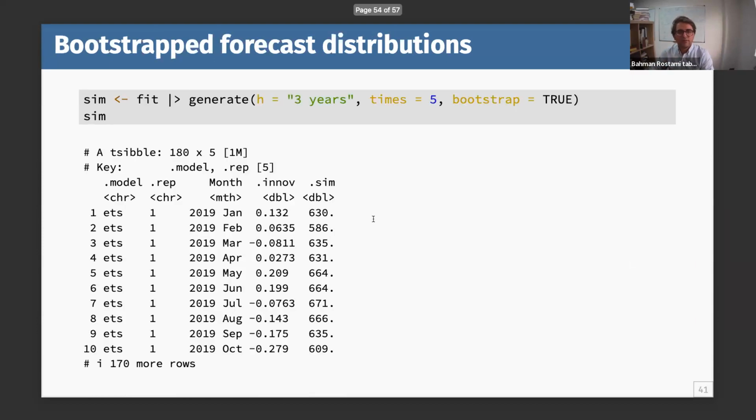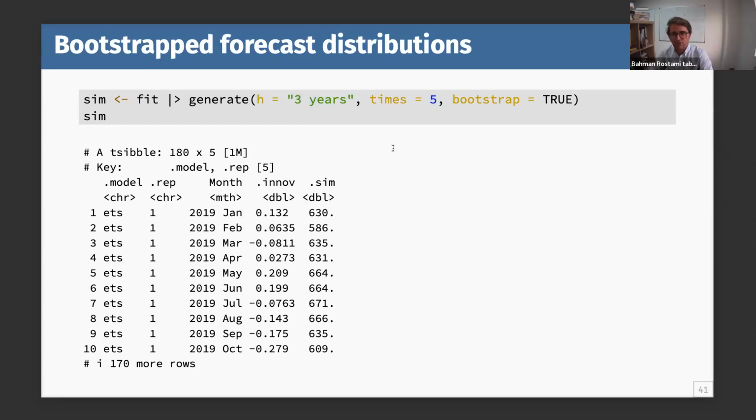Okay, so I think this is the one we wanted to focus on, and I showed it to you yesterday as well. For the same fit, we can use the generate function to create different possible futures, here for 3 years, and we need to make sure bootstrap is equal to true in this case.